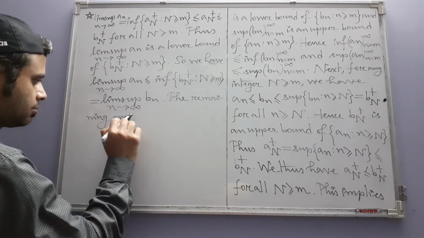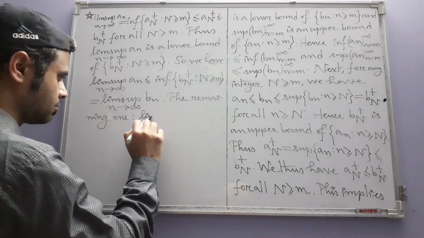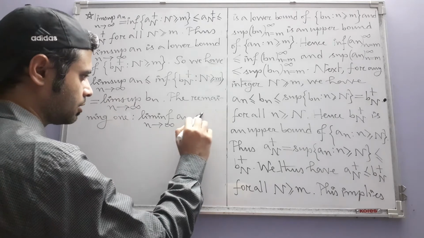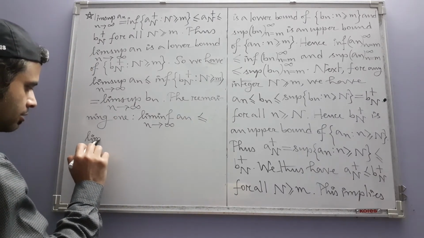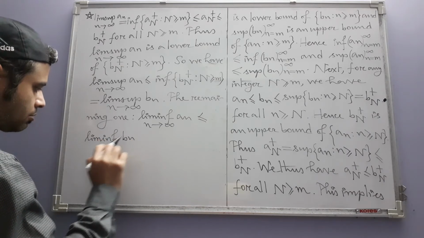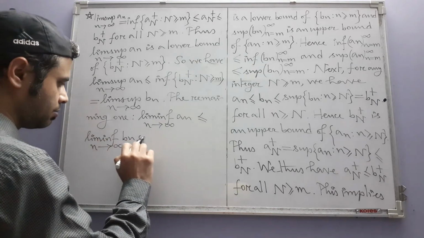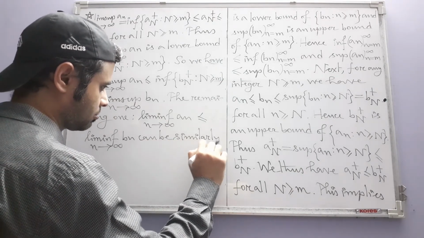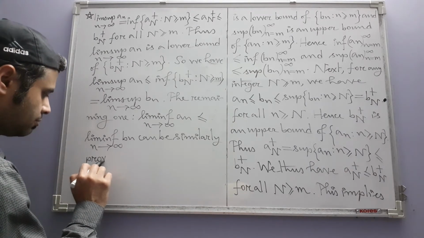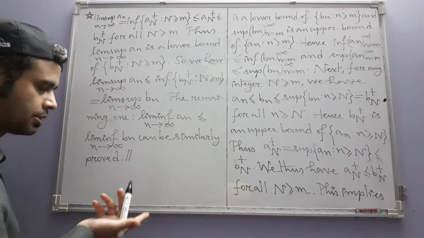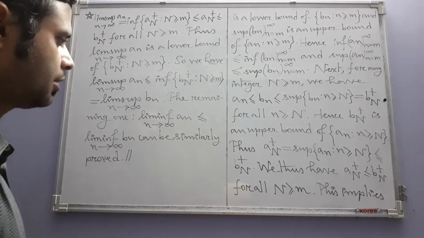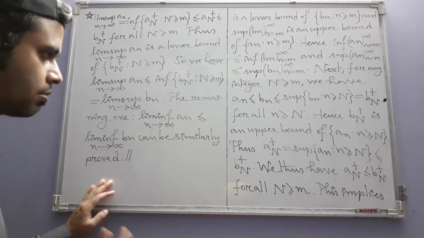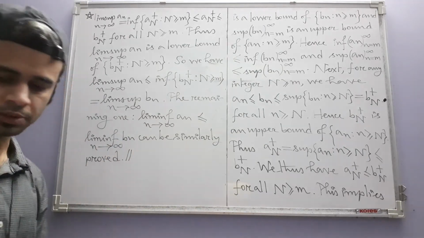The remaining one, limit inferior of a_n less than or equal to limit inferior of b_n, can be similarly proved. So this is our solution, and once one proves this, that completes the proof of the comparison principle.